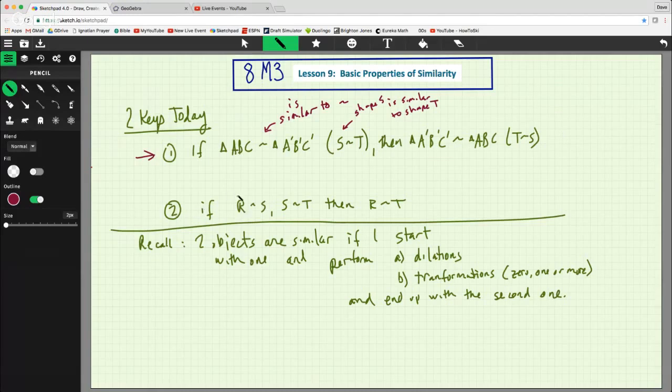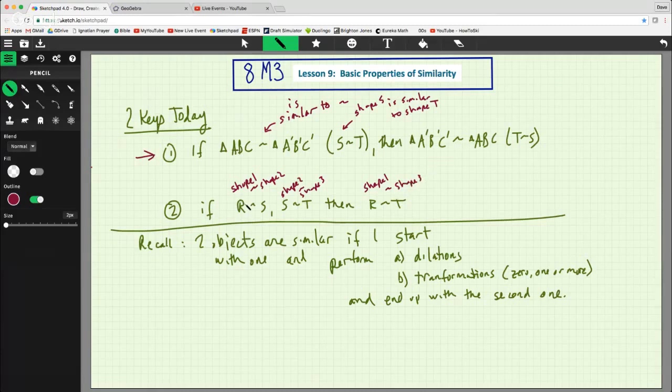And the second thing, which is different from the first one, says if shape 1 is similar to shape 2, and shape 2 is similar to shape 3, then shape 1 is similar to shape 3.